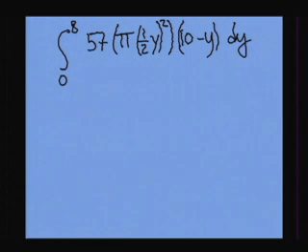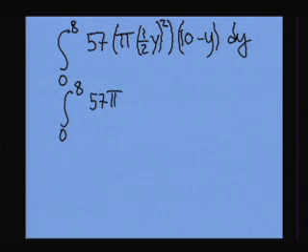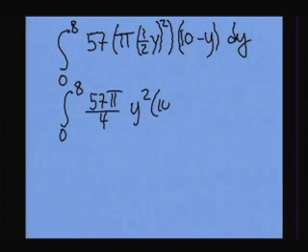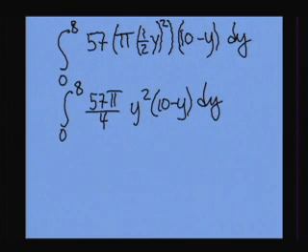So our integral becomes, from 0 to 8, 57 pi over 4, and I'm getting the 4 from this 1/2 squared, and then it would be y squared times (10 minus y) dy.